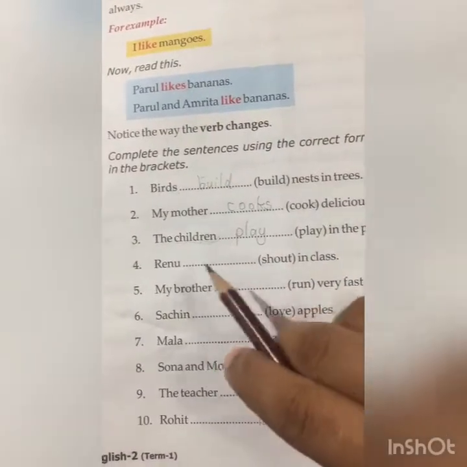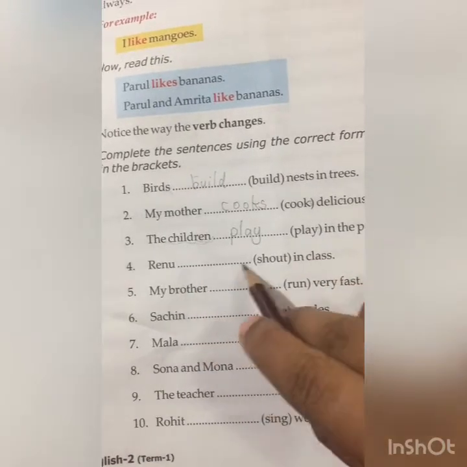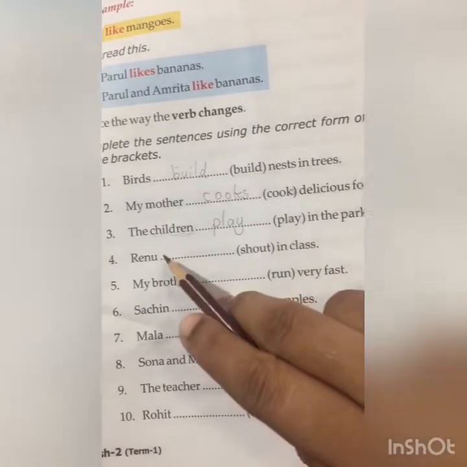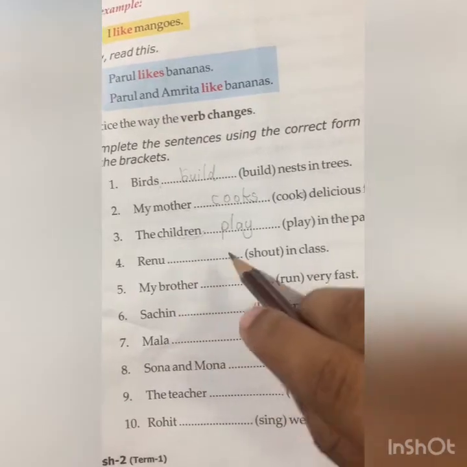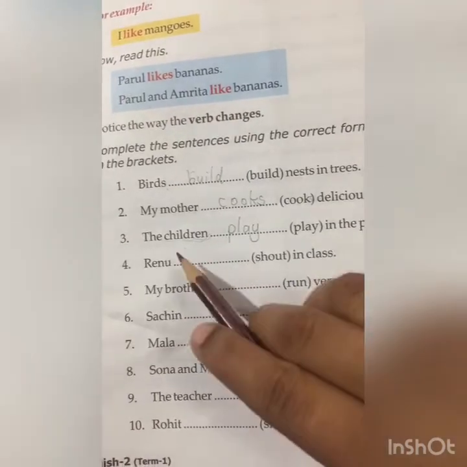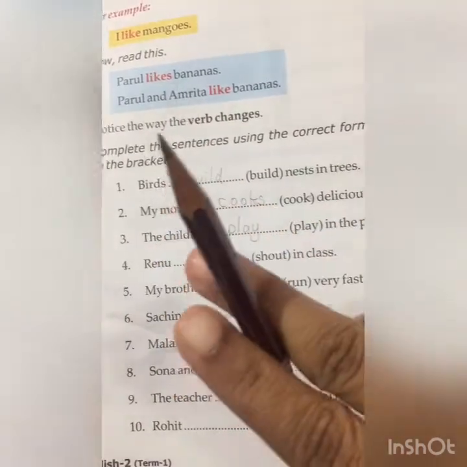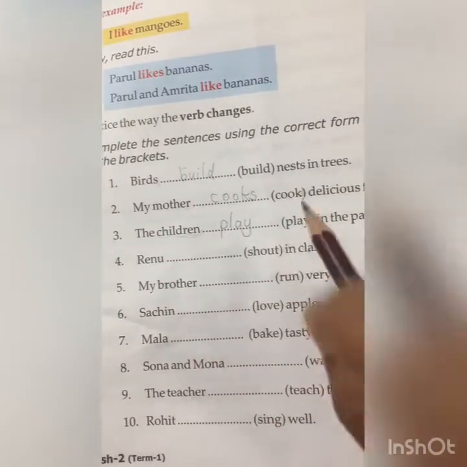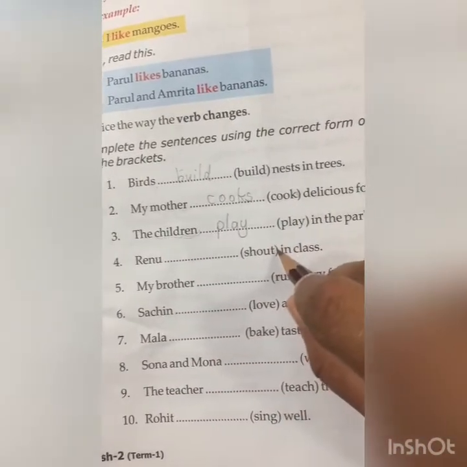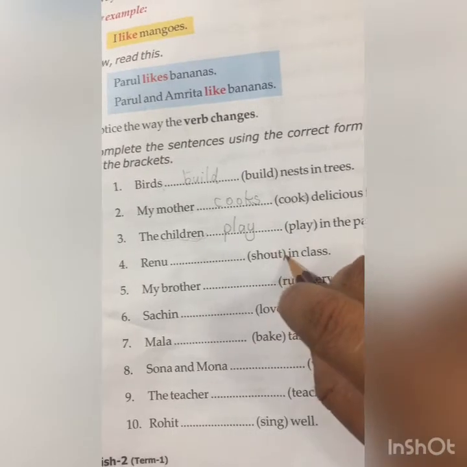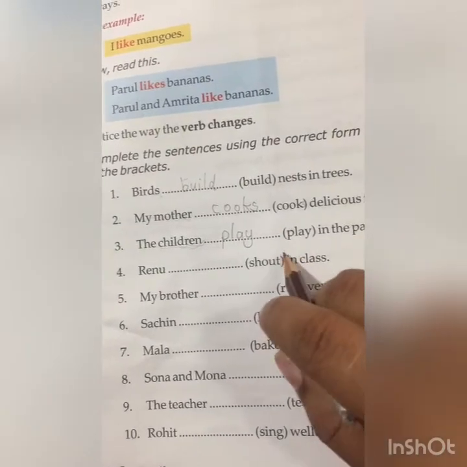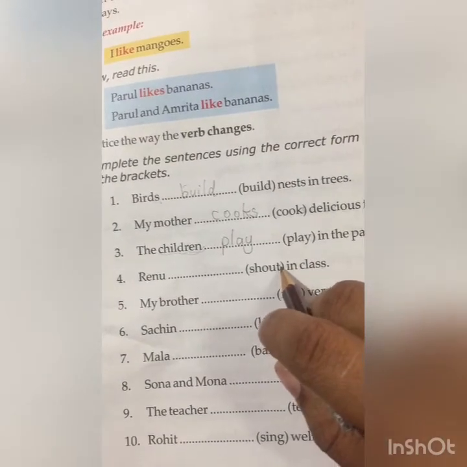Let us read it out. Renu dash in class. Renu means only one person. It is singular. So how do we write it? Shout or shouts. You have to do it yourself.